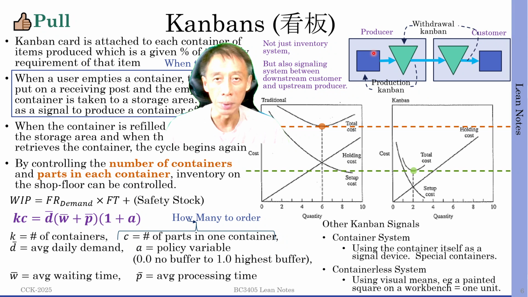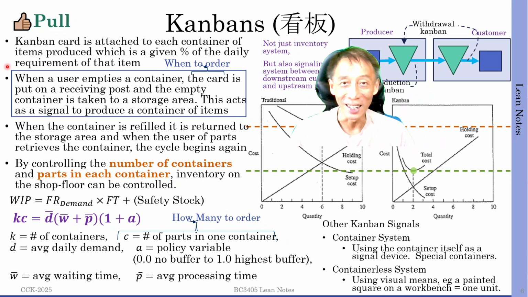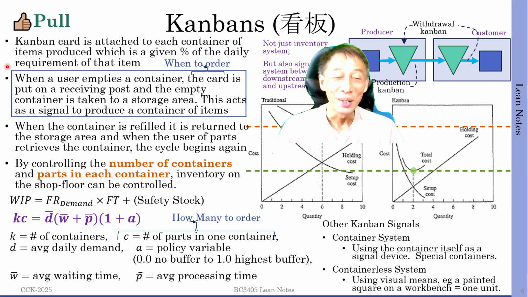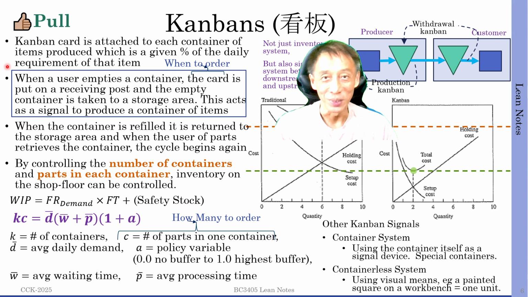And of course, a little bit smarter in reacting to the fluctuations. Okay, so that's the basic idea. And of course, being an inventory system, it has to answer 2 questions. When do you order? And when you do order, how much do you order? Yeah. So let's look at the when to order.